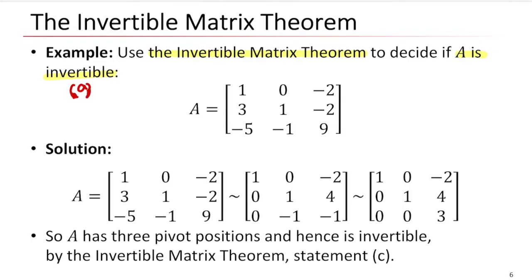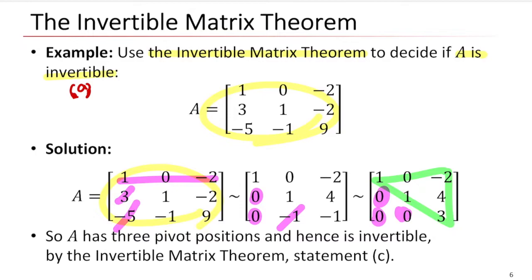So first of all, to understand whether A is invertible or not, we can row reduce the original matrix A to a reduced echelon form or just echelon form. Okay, how can we do that? We can remove this part by using this one, so we can make it this one. Then what next? We have to remove this one, so we make it like this. Okay, so this is the echelon form, right?